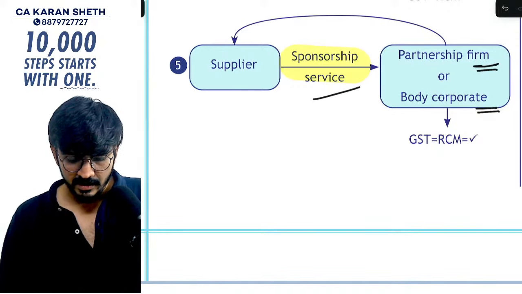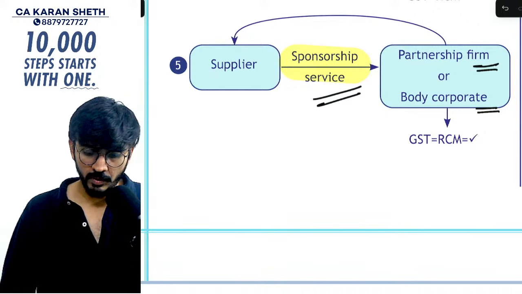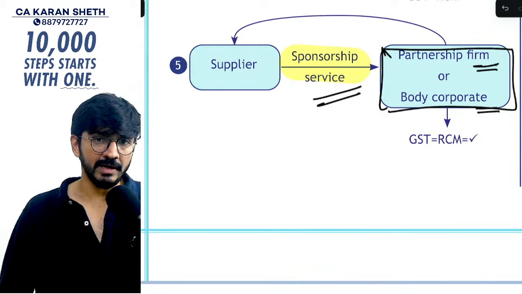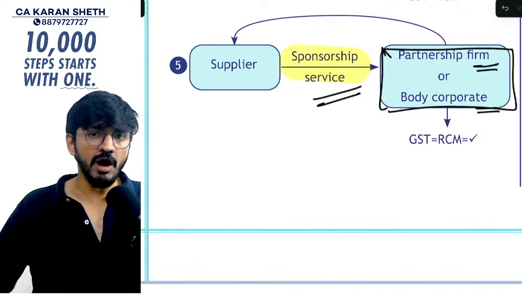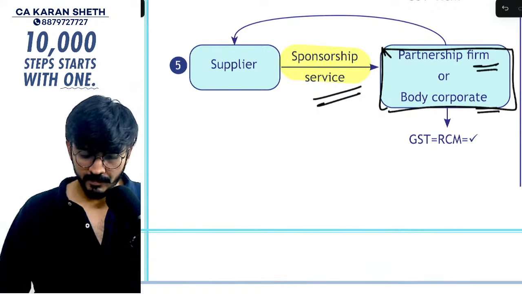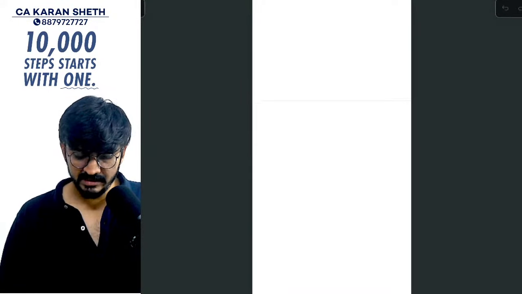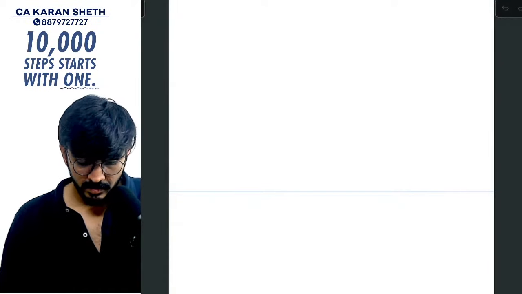But understand the nomenclature should be sponsorship service. Only then check whether the recipient is a partnership firm or body corporate. If yes, RCM. If no, FCM.